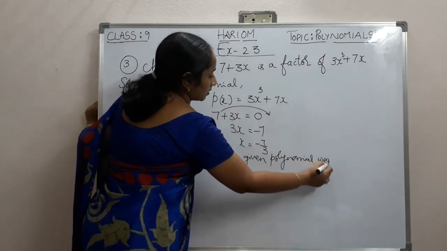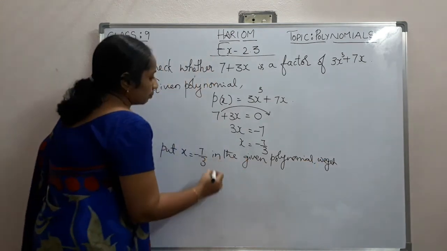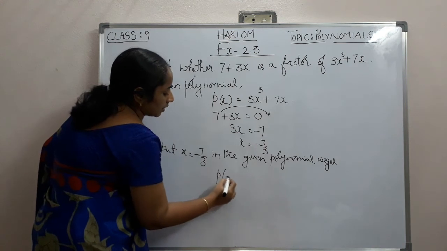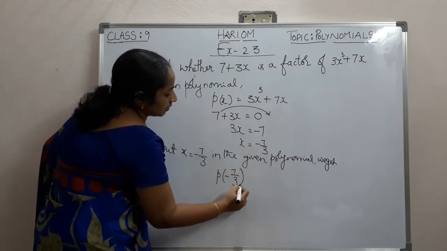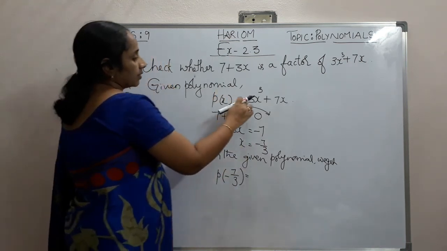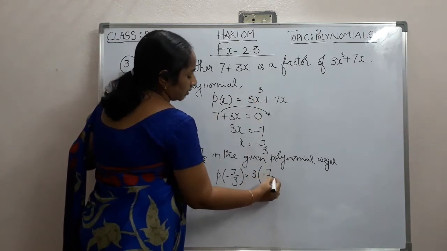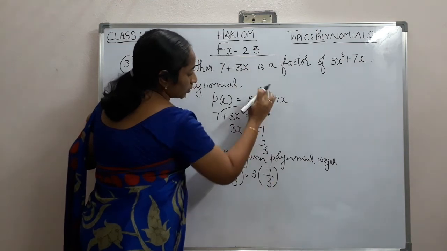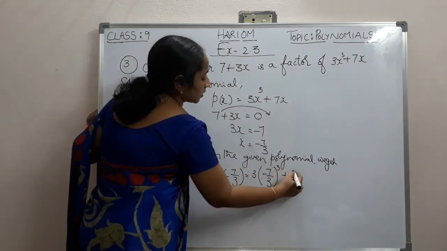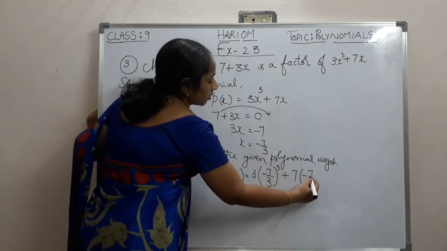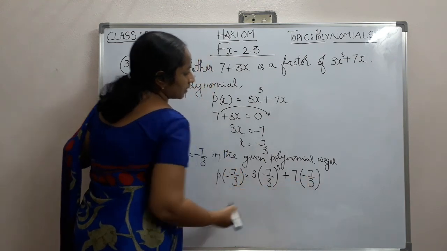We get p of minus 7 by 3 is equal to, here 3 into minus 7 by 3 whole cube plus 7 into minus 7 by 3.